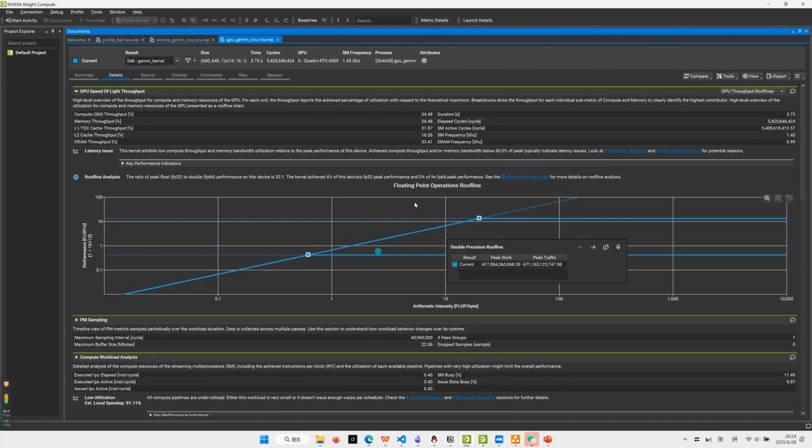And since we are doing FP32, and we may not have the FP16 operator, our original arithmetic intensity will be here in the middle of this big line. That means we still have much room for optimization, right?